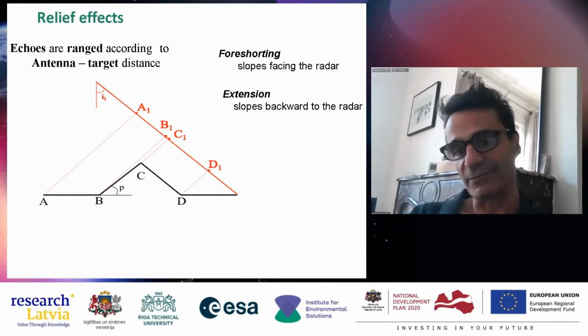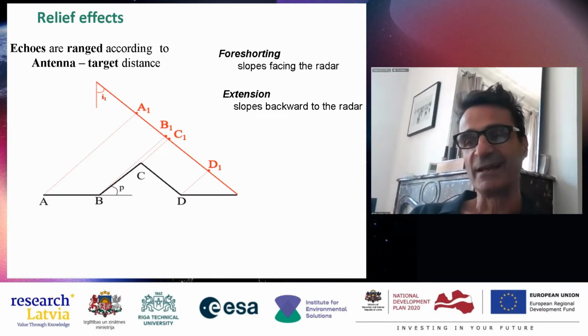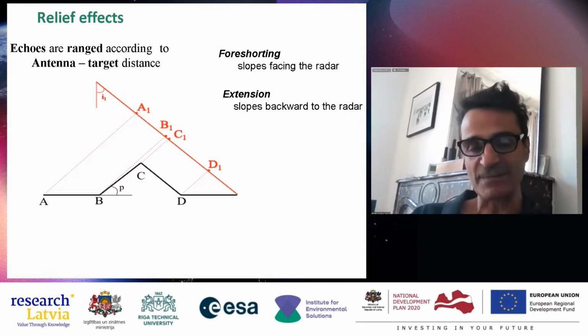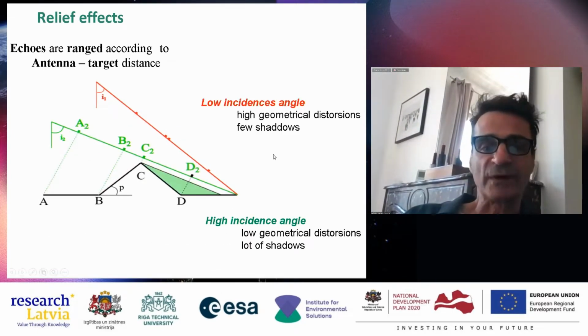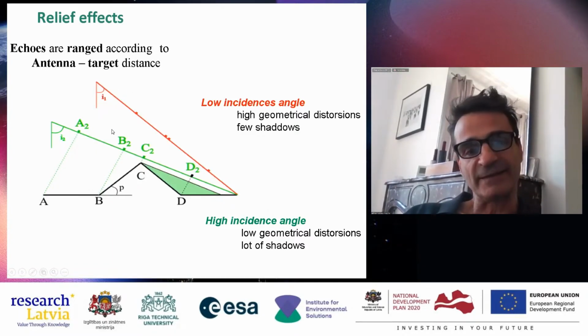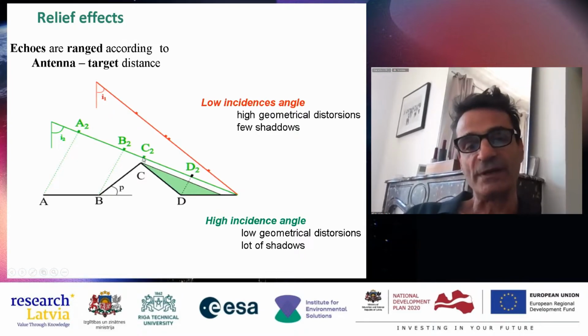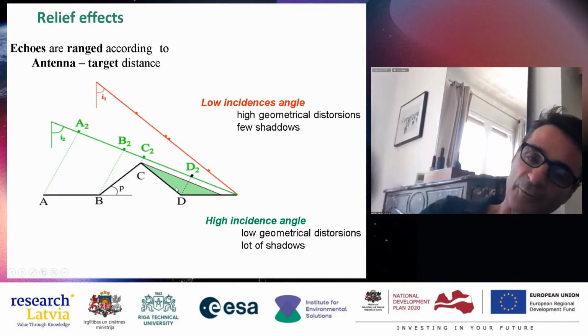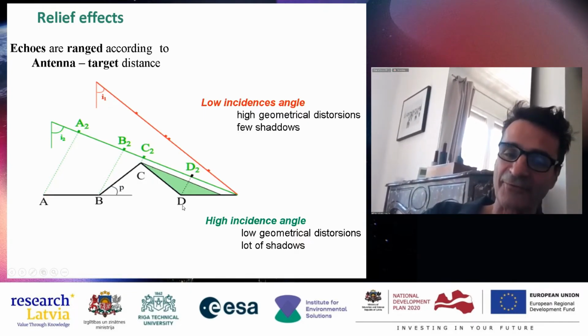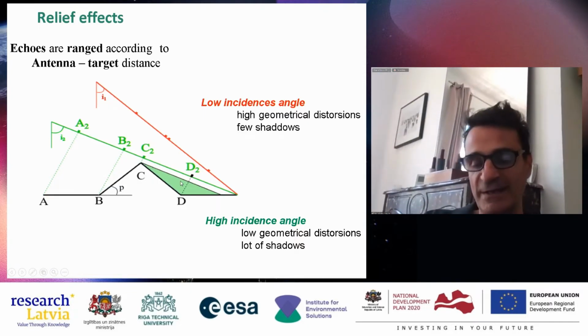We do it most of the time. Radar over relief is very difficult to use, and over flat terrain, it's much better. Of course, with a higher incidence angle, you won't even see the backward face, and it will be in shadow.